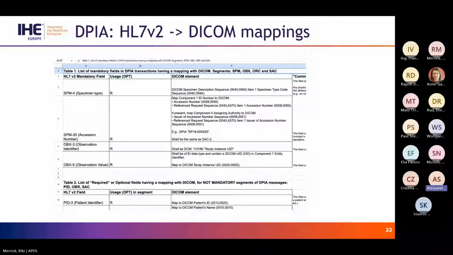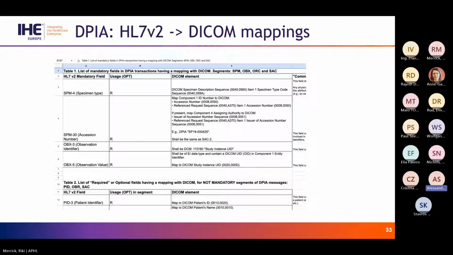And at the moment, together with the working group 26, we have identified this first mapping that represents the minimum set of fields and of attributes that are needed in order to ensure that also the DICOM transactions are performed in the right way.